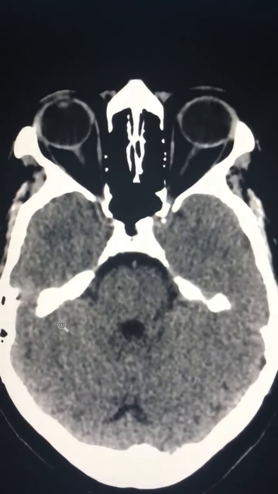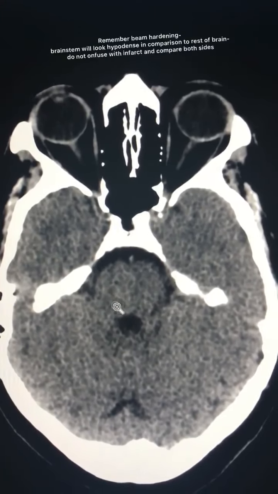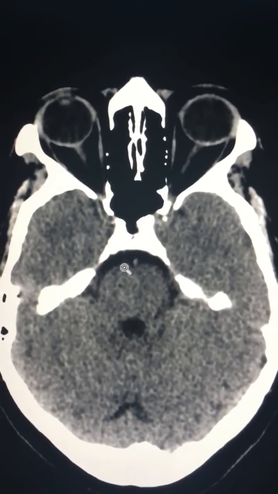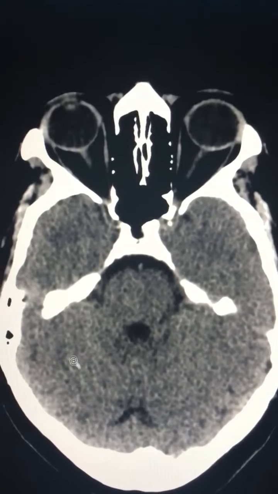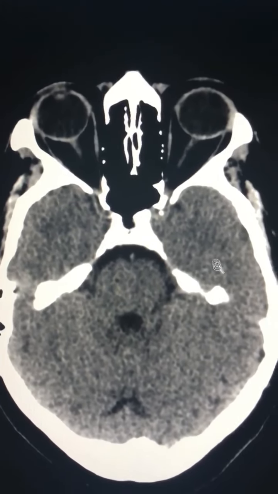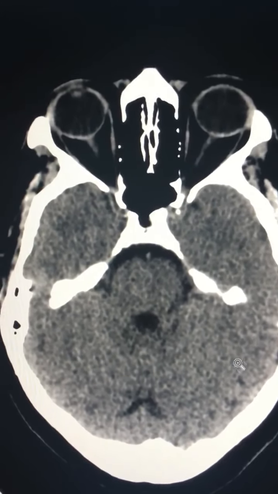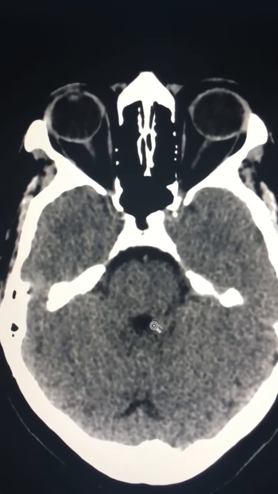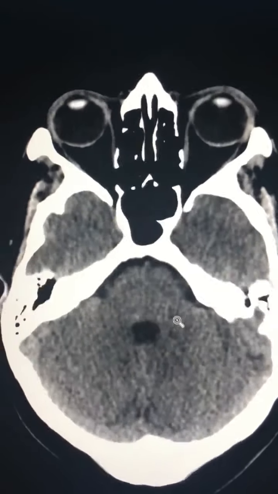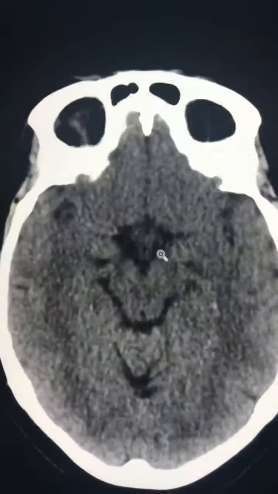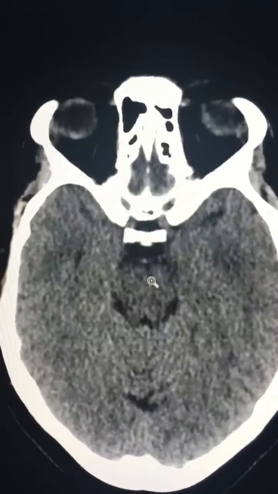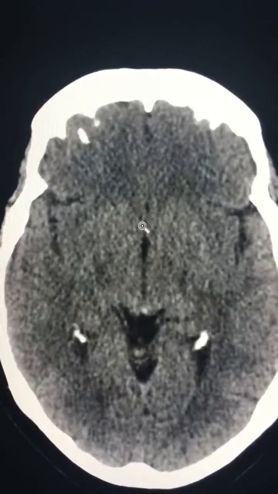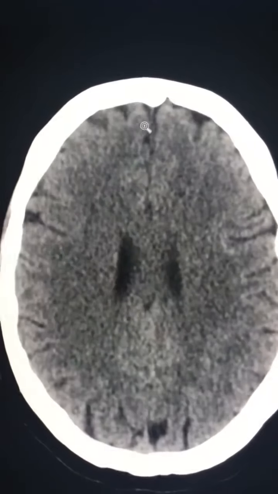Remember, the brain stem will look slightly darker or less dense as compared to the remaining brain because of the physics, what we call beam hardening. And then keep looking up, look at the brain stem, come to the top.